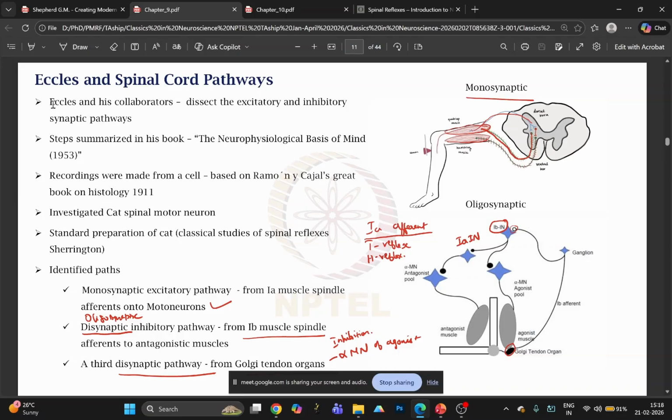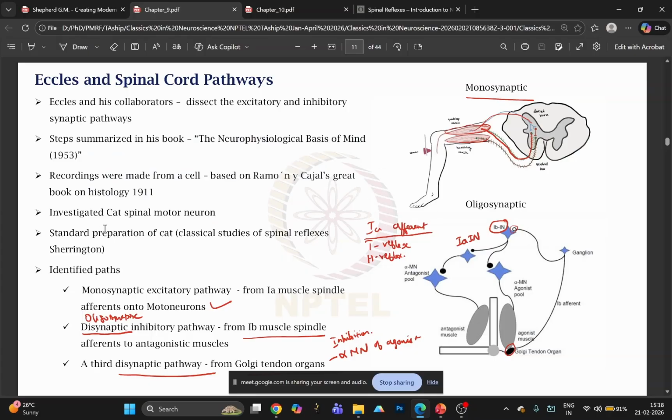In previous week lecture videos, you have seen that Eccles and his collaborators, when they were in Australia, were dissecting the pathways involved, the nature of the synapse, and so on. Eccles summarized all of this information in his 1953 book, The Neurophysiological Basis of Mind.